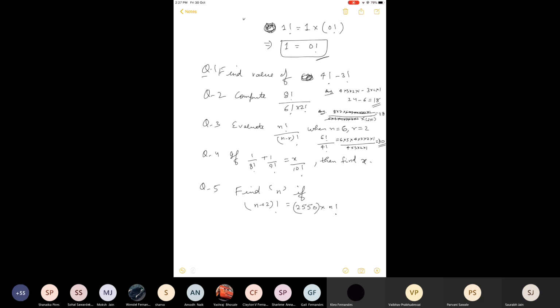Solve the next one. So could you please do the fourth one?